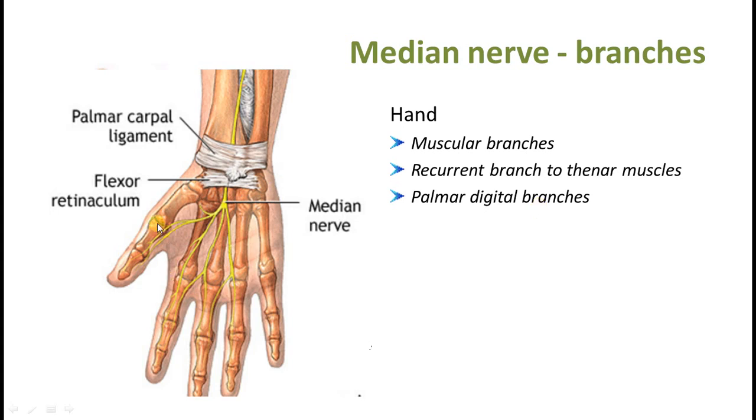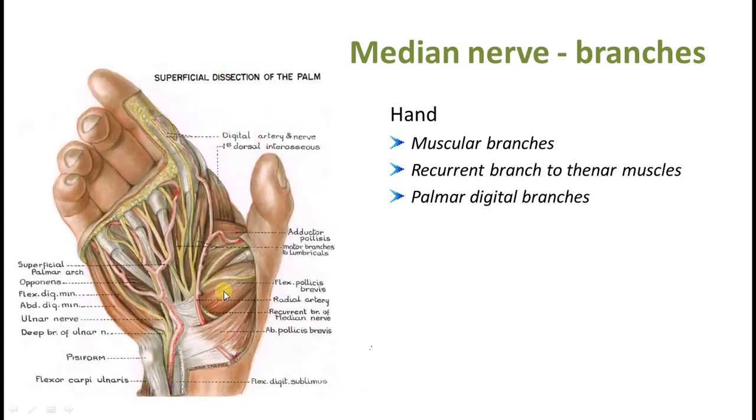So thumb, index finger, middle finger, and the lateral half of the ring finger. So 3.5 digits it is going to supply.